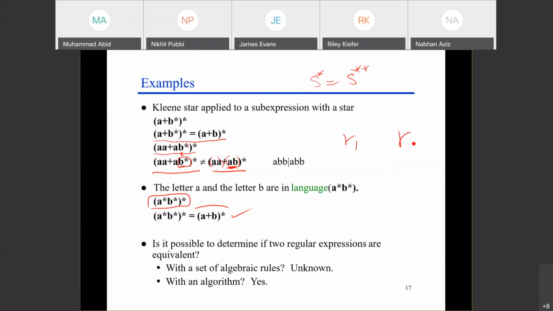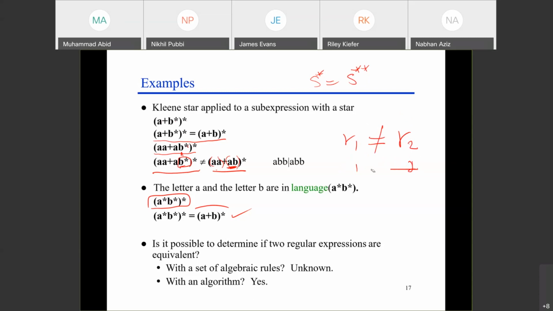One way is to figure out which language each represents. If both languages are the same, then they are equal. If the languages are different, then they are not equal. You need to know which language they represent.